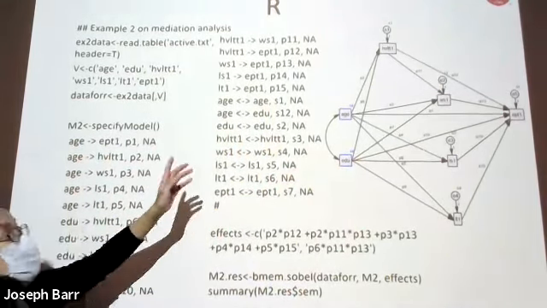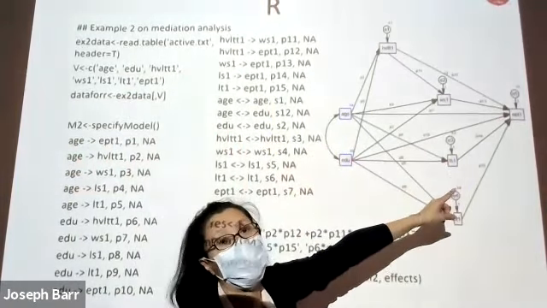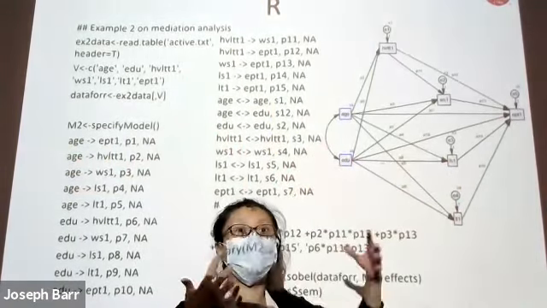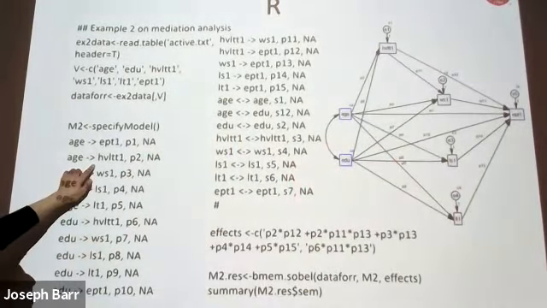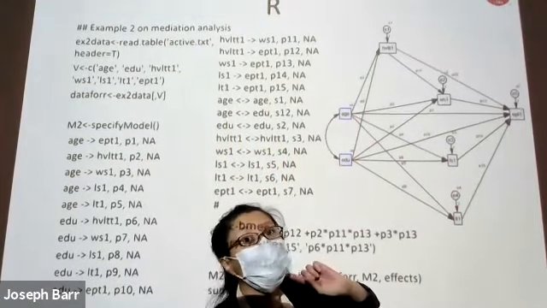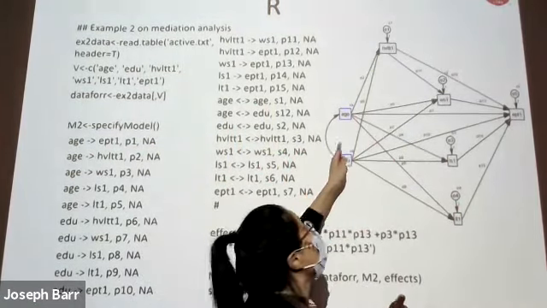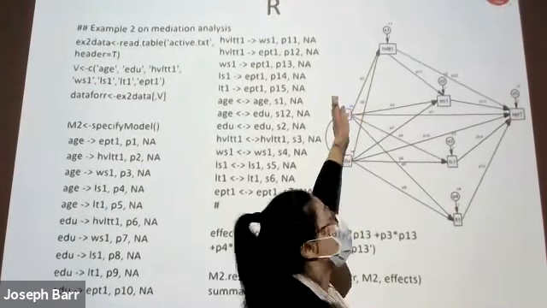It is a direct effect from age to EPT1. I would like to know that direct effect. And look at age to HVLTT1, P2. P2 is from age to HVLTT1. That is one part of the mediation of HVLTT. This is kind of like a path.